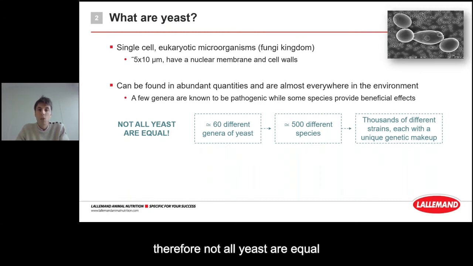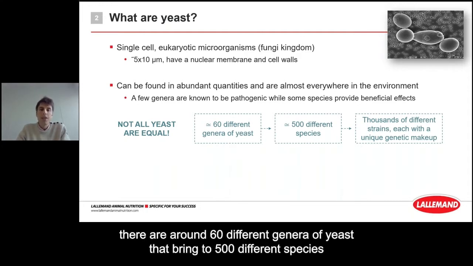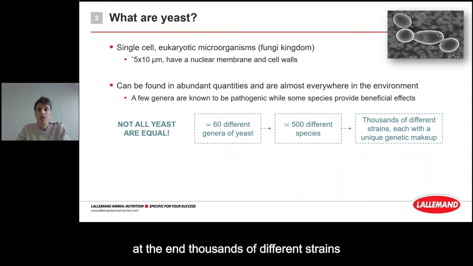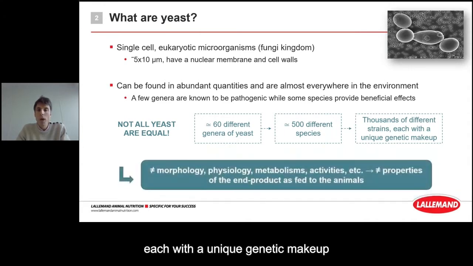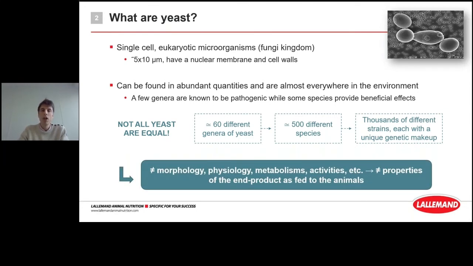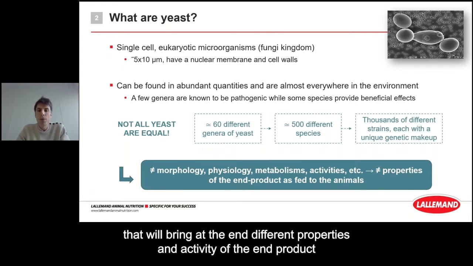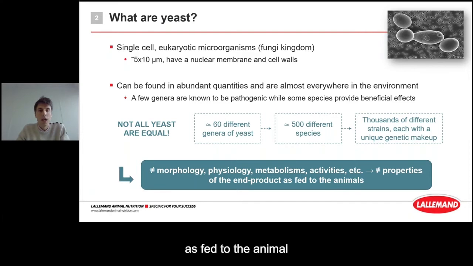Therefore, not all yeast are equal, and only a few of these species are used commercially. There are around 60 different genera of yeasts that bring to 500 different species, and at the end, thousands of different strains, each with a unique genetic makeup in terms of morphology, yeast physiology, metabolism, activities, etc., that will bring at the end different properties and activity of the end product as fed to the animal.